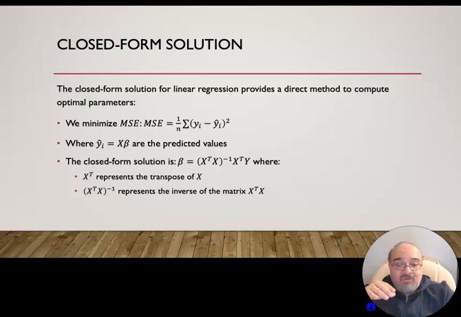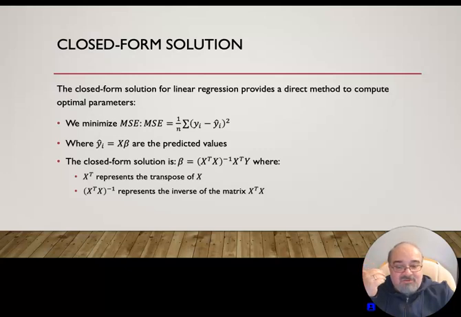So we're mathematically aiming to minimize the MSE, where the yi are the observed values, and the y hat i equal x beta are the predicted values based on the design matrix X and the parameter vector beta. Taking the derivative of MSE with respect to beta, setting it to 0, finding the minimum, and solving for beta yields that closed form solution that we saw earlier.